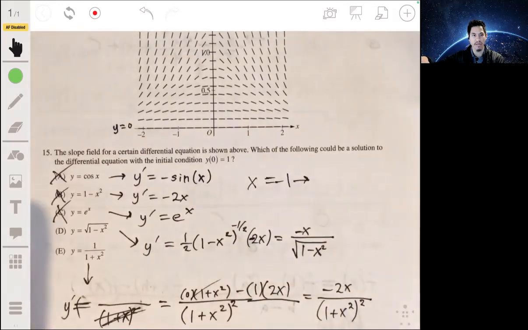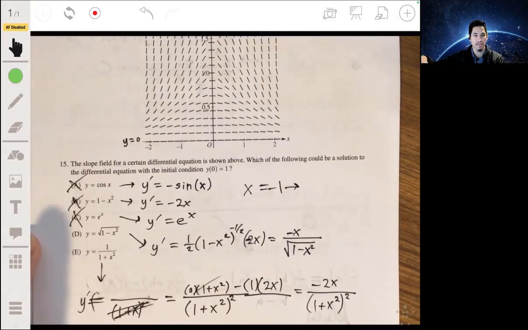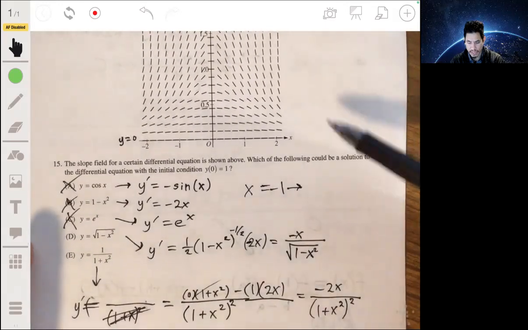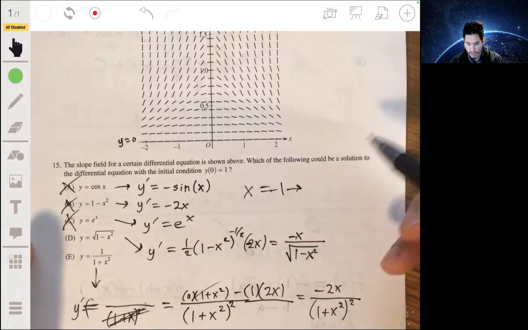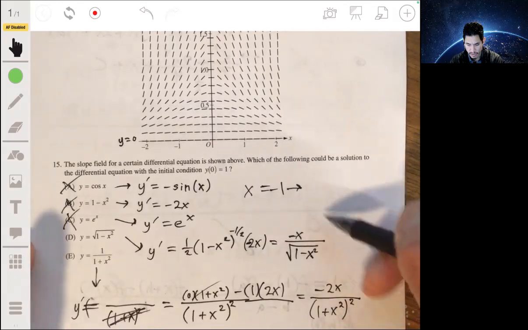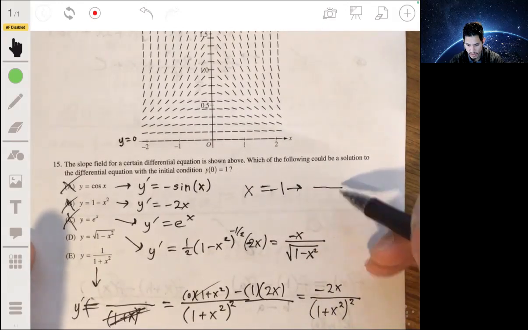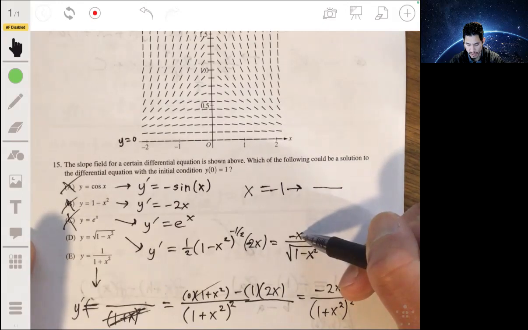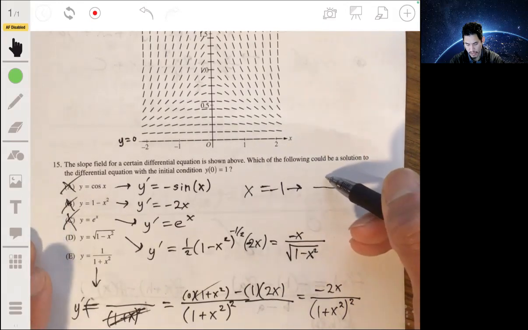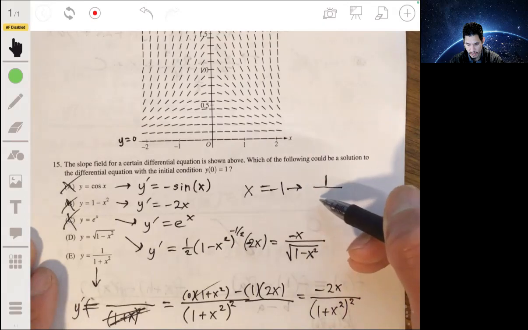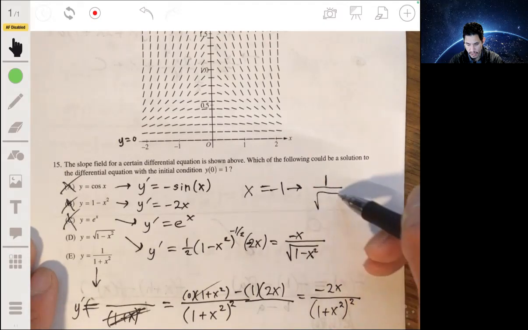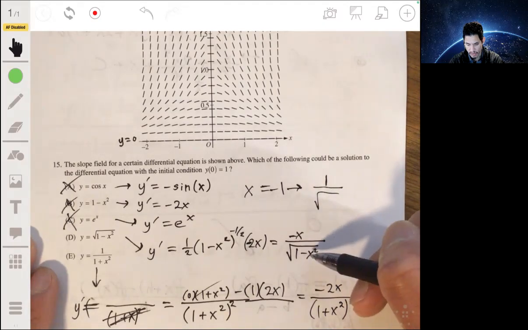Let me zoom out a little bit actually. If you plug -1 into this one, you would get a positive number. You would get, well, 1 over the square root of 0.